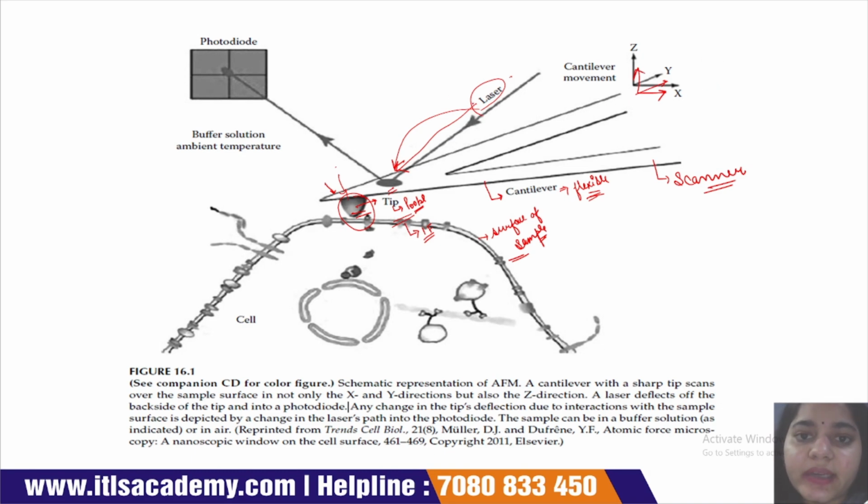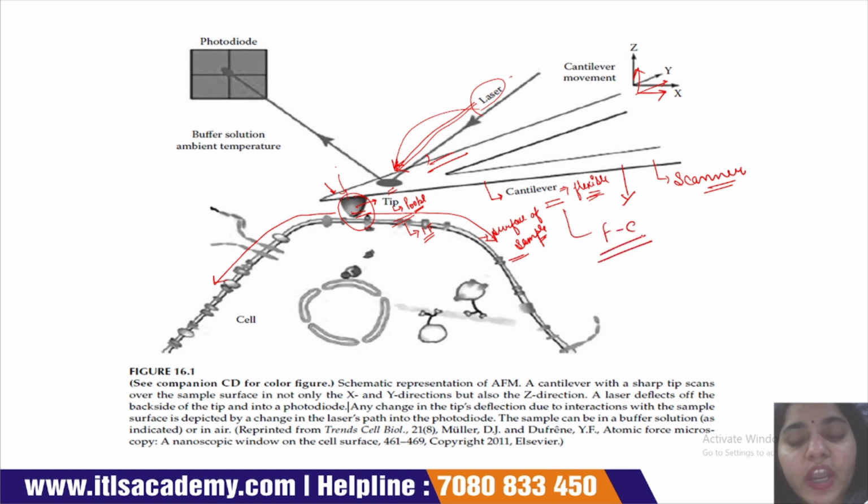This is the direction of the laser beam, and this is the deflection angle. Whenever this tip scans the surface of this biological sample, the force on this cantilever will change.